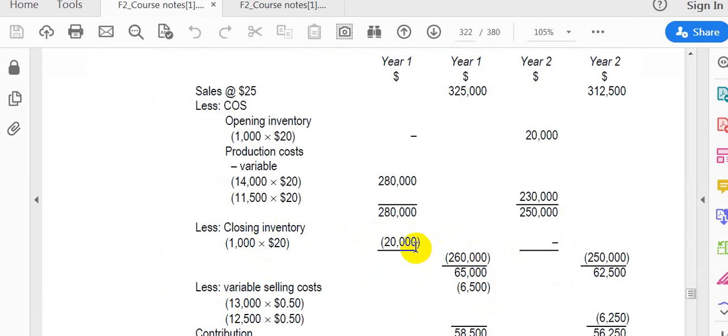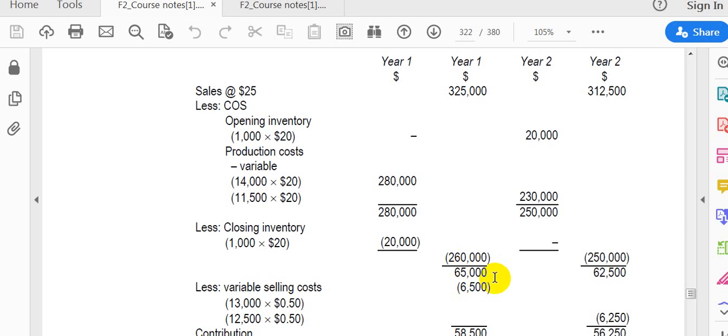So the value of closing units, 20,000, will be subtracted from the total production cost of 280 to give us the cost of sales of 260. We subtract the cost of sales of 260 from the 325 to give us 65,000.